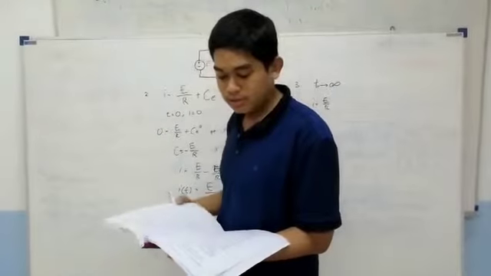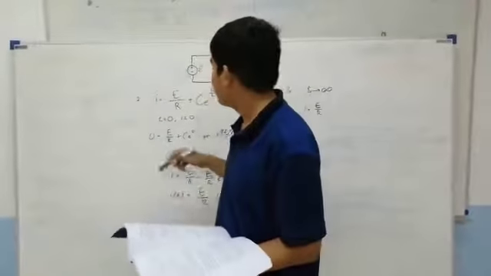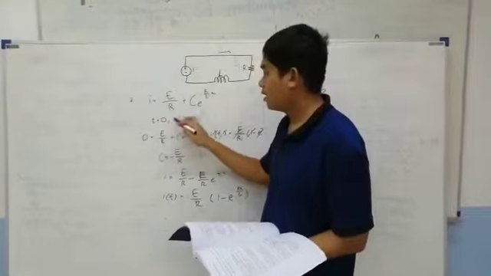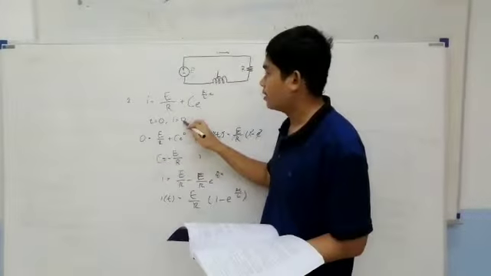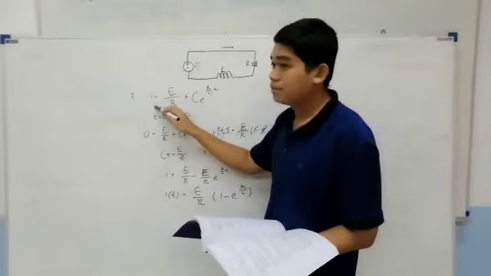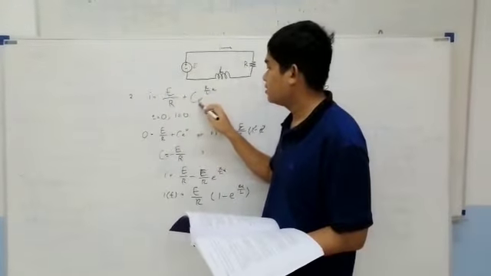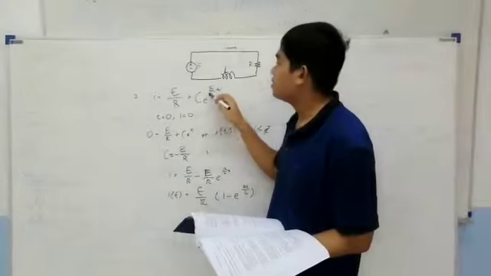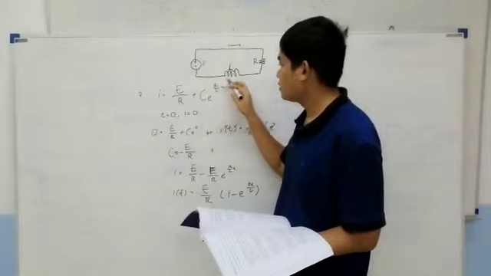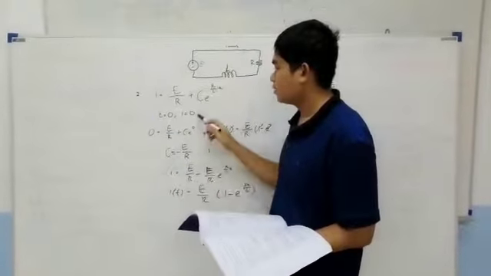Solve the differential equation for the initial condition where the time is 0 and I is 0. As we get from the previous equation, I equal to E over R plus C e to the power of negative R over L t.